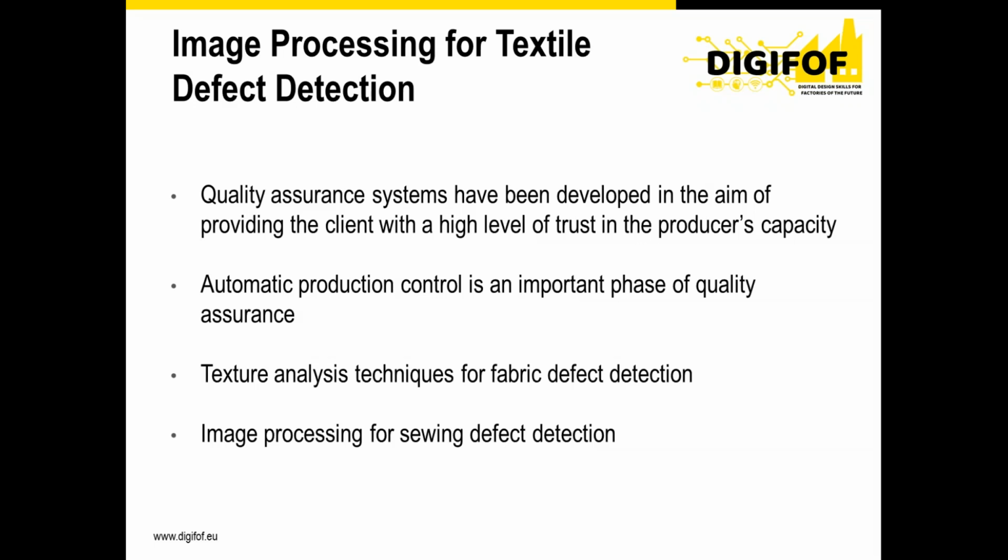So I will try to point out two aspects of control. One is based on texture on the fabric, and the other is based on the process of assembly of the textile goods by sewing.